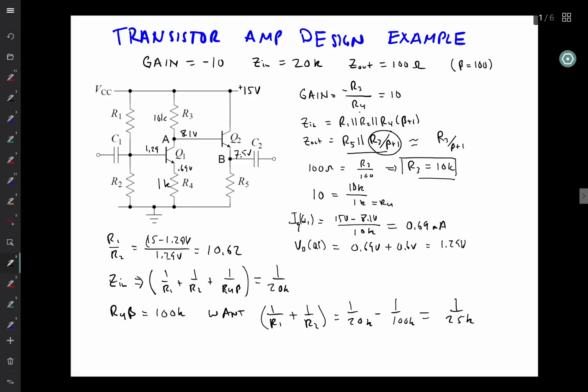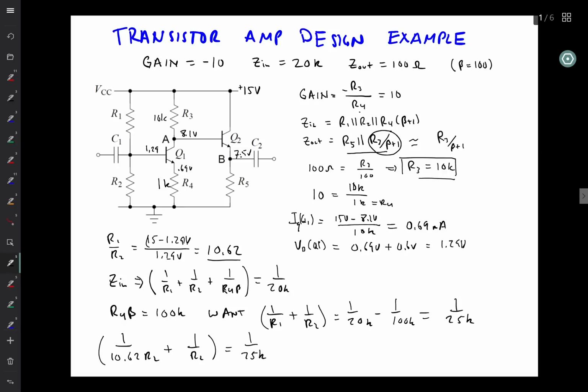Now I also have this relationship, 10.62 ratio between R1 and R2, so I can write that 1 over 10.62 times R2 plus 1 over R2 should be equal to 1 over 25K.